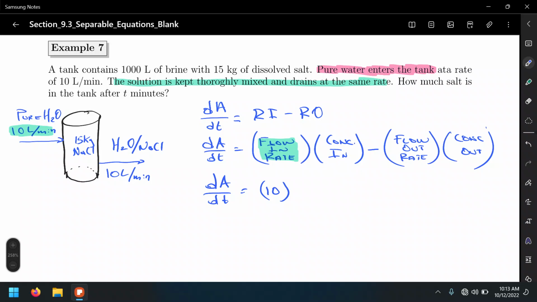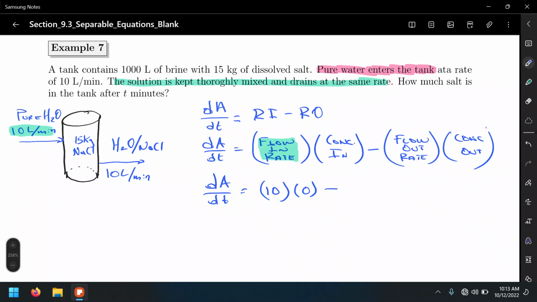The question is, what's the concentration in? Any ideas? 0. It's 0. Why is it 0? It's pure water coming in, right? So there's really no concentration, whether as a percent, molar, your favorite way to express this concentration of salt in chemistry, right? Flow out rate.